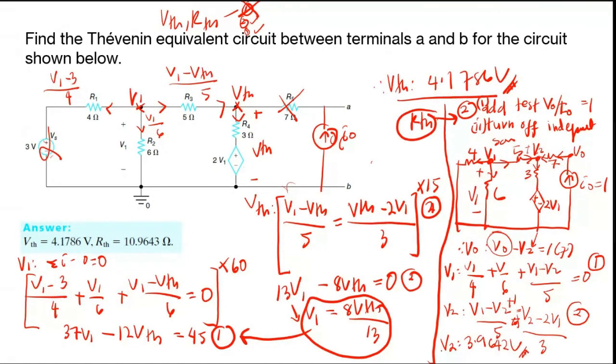So you can substitute this value here: V naught minus 3.9642 equal to 7, and then you calculate to get the V naught.